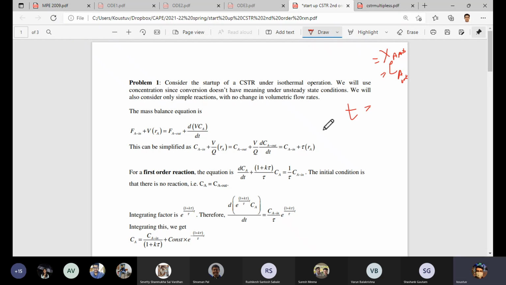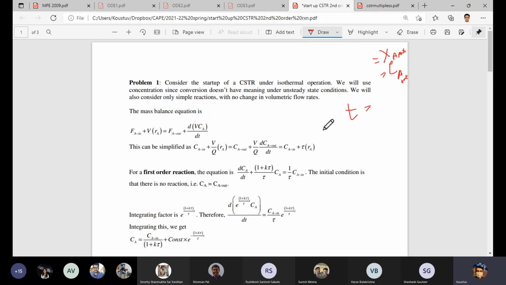Of course, we can consider it to be a numerical problem, but consider it from a more physical perspective: we usually run the CSTR at steady state condition, but suppose it has not been started, or it is on the verge of shutdown, because in industry we often go for shutdown or startup of, let's say, a distillation column or the FCC reactor.